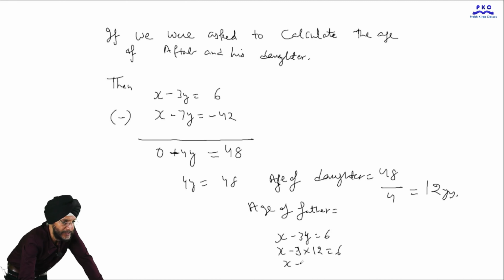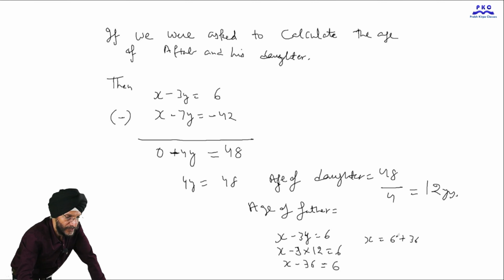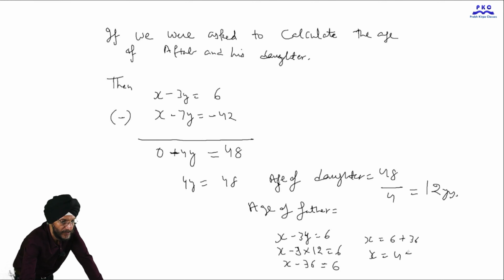We can also write it as x minus 36 is equal to 6. We can also write it as x is equal to 6 plus 36, because here it is minus and will go to the other side, it will become plus. So x is equal to 42.